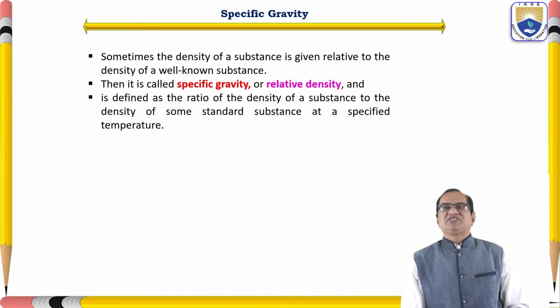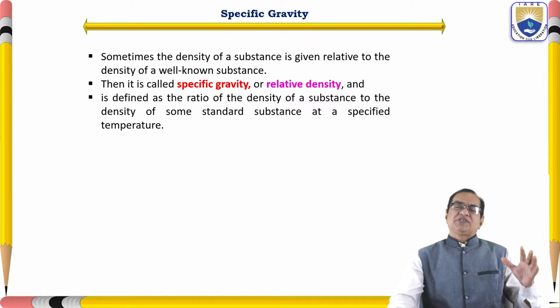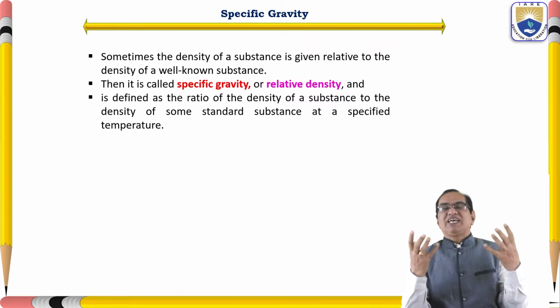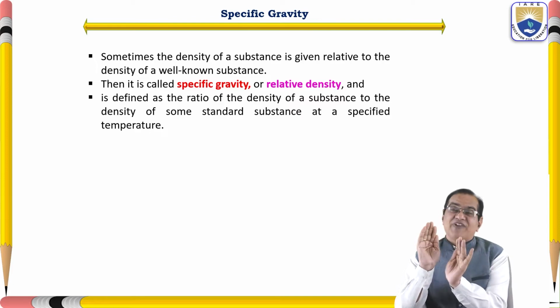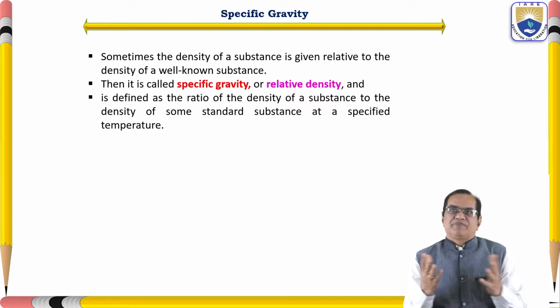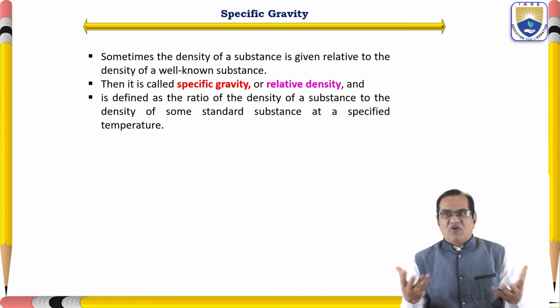And this relative density or specific gravity is defined as the ratio of the density of a substance to the density of some standard substance at a specified temperature. So suppose we want to compare which density is more with reference to some standard substance like water or mercury.